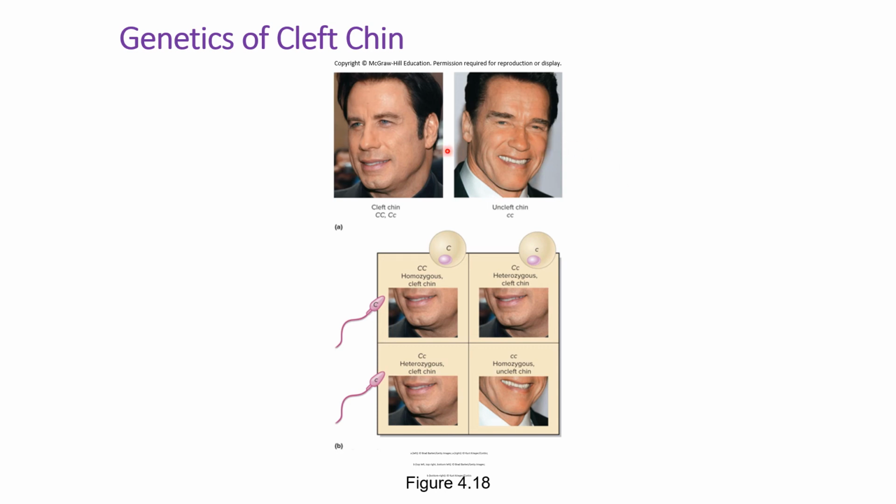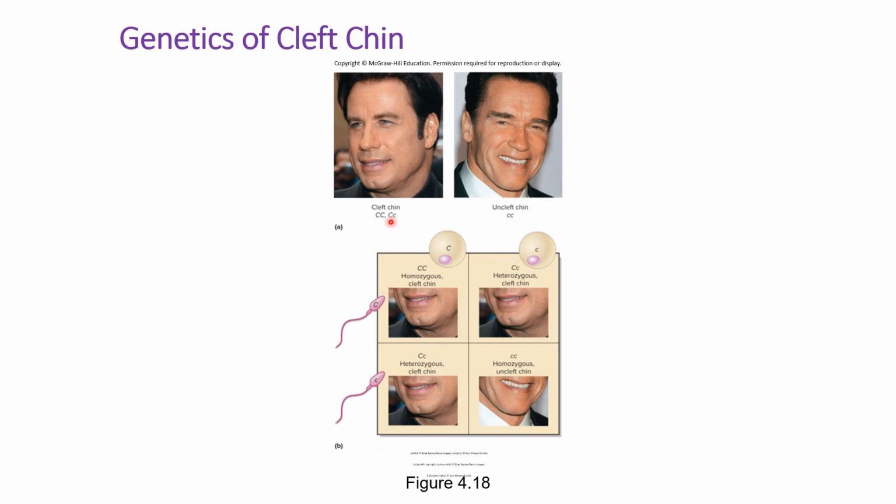Here on the left, this is a picture of John Travolta, and he has a cleft chin. So it looks like a little dimple in his chin. You know people that have that. And then here's Arnold on the right. He does not have a cleft chin. Now look here.